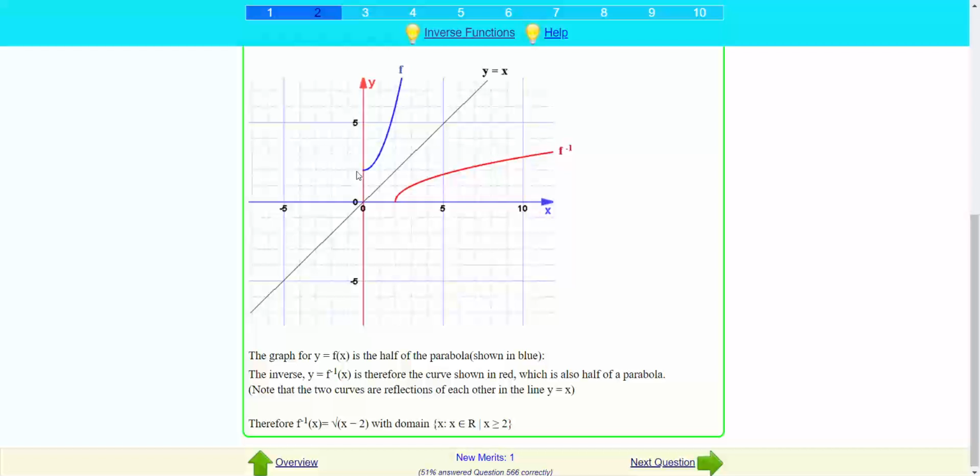That's what the graph is all about, which is also half of a parabola. Note that the two curves are reflections of each other in the line y equals x. So when y equals x, that's when you get the separating line.